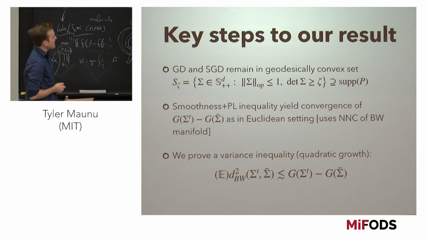And finally, to move back from this to estimates on the distance, which I showed you in the previous slide, we prove a variance inequality, which is essentially saying quadratic growth, that this function is bigger than some constant factor times the squared distance with the optimum.